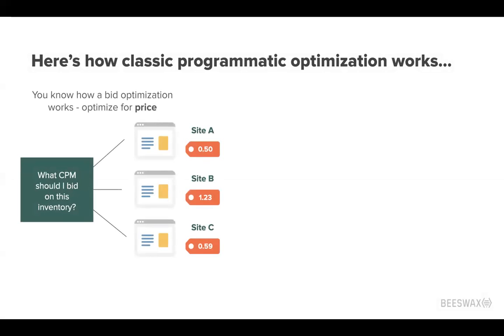In this case, typical bid optimization is bidding differently on site A, site B, and site C. And we at Beeswax have built a bunch of different optimization products around how to optimize price. So you guys are very familiar with it. We're very familiar with it as well. So that's the typical way to think about optimization in terms of price.